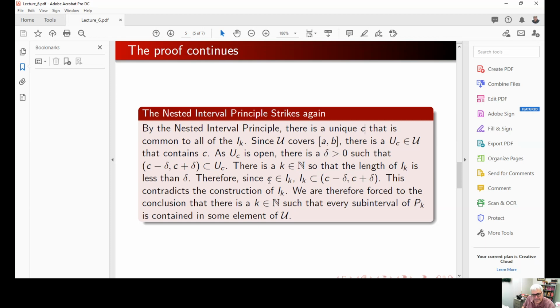So C is in I sub k, and I sub k is short, so it has to be contained in C minus delta to C plus delta. But aha, by our construction of K, some part of I_K always has to flop out from under these U's. So we have a contradiction, and we're forced to conclude that we do in fact have a particular K where everything is chopped up small enough.